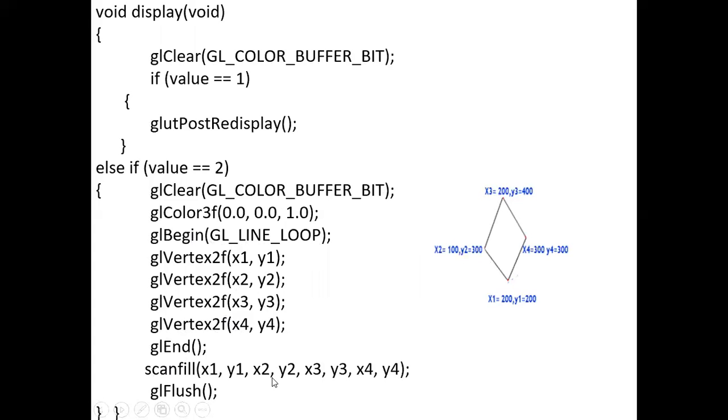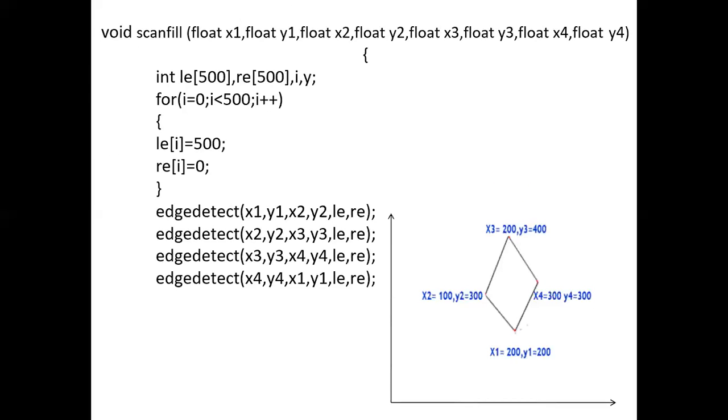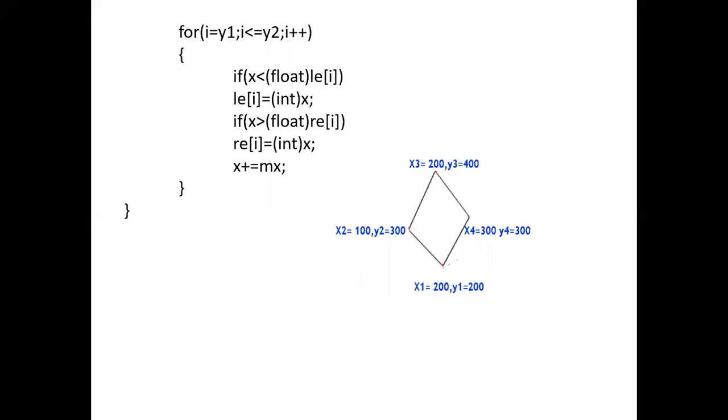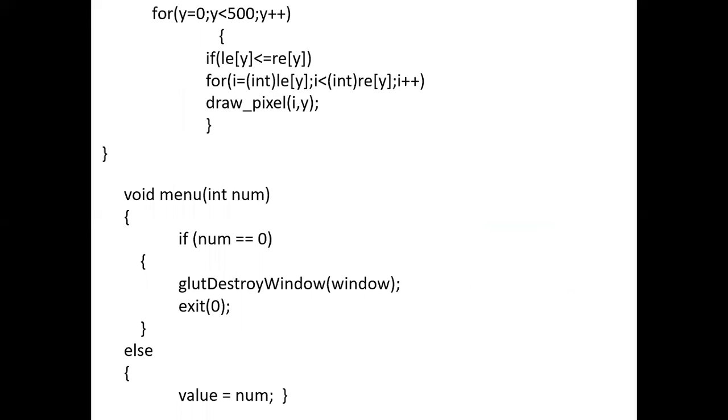So the display function is calling my scan fill function, which in turn calls the edge detect function in order to detect the intersecting edges. Scan fill also calls my draw pixel. So the display function calls scan fill, which calls edge detect to detect the intersecting edges. Once you have found the intersecting edges, you call draw pixel in the scan line in order to color the pixel.